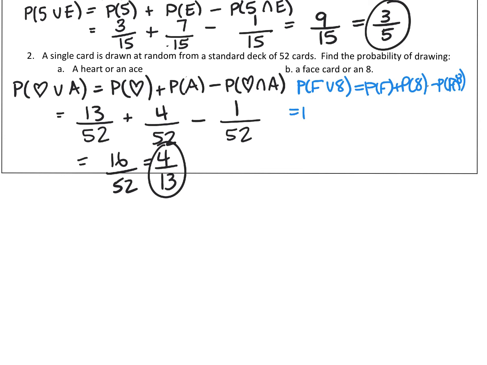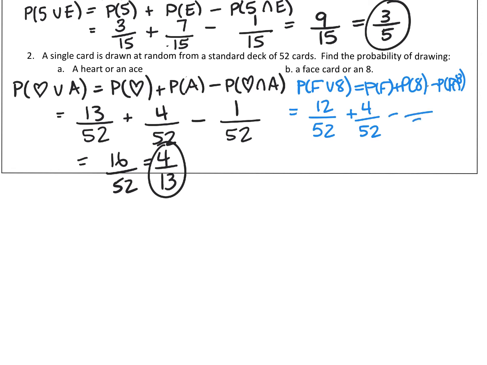So that's going to be equal to, so how many face cards are there in my deck of 52 cards? My face cards, out of 52, there are 12 face cards. Plus, how many 8s are there? Well, there's 4.